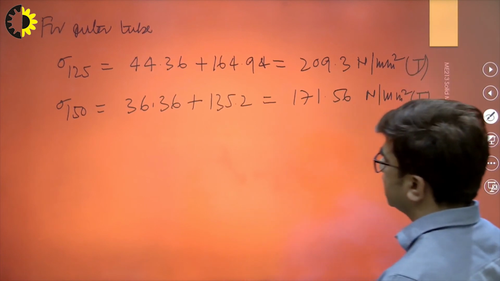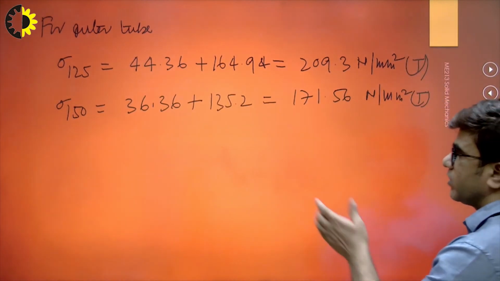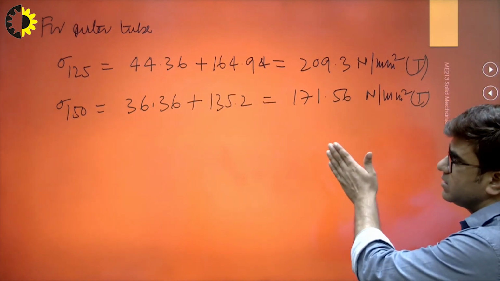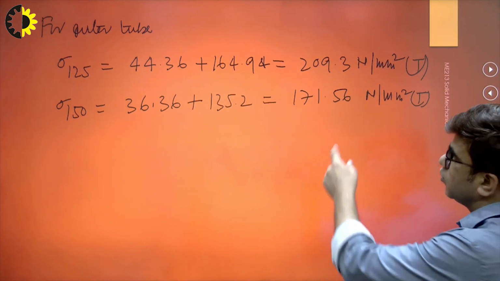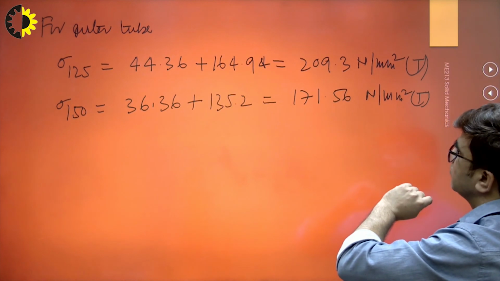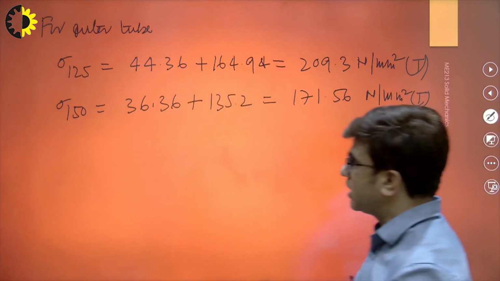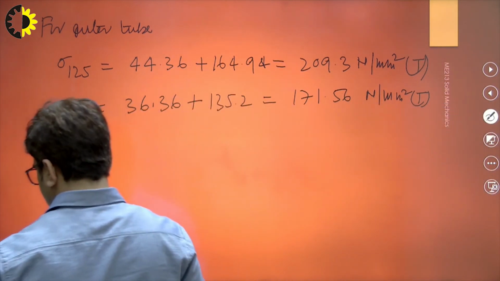So we can observe as we move from junction to the outer radius, hoop stress is decreasing, and it is decreasing parabolically.